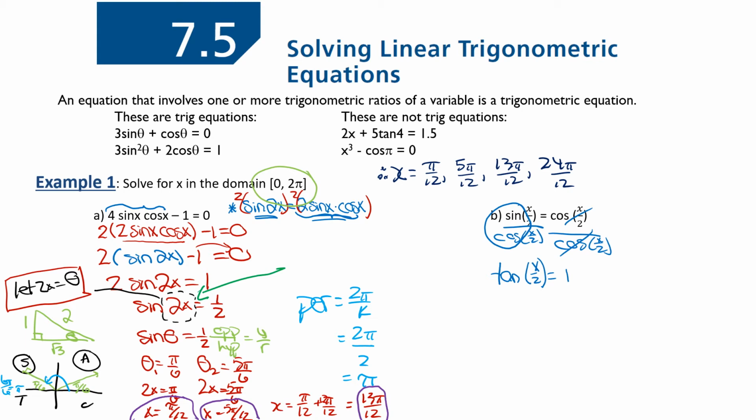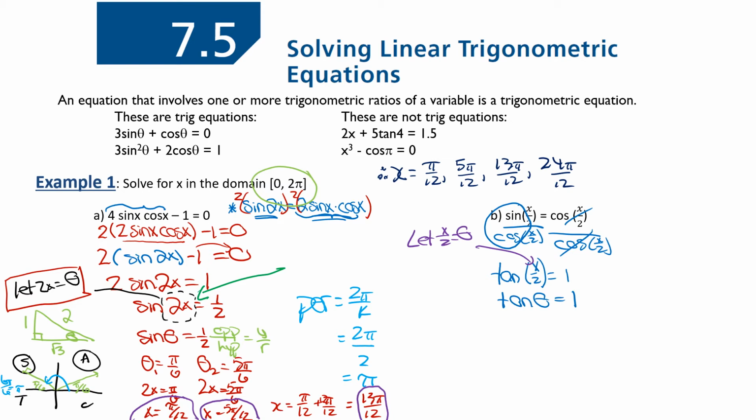We've got tan of x over 2 equals 1. If you don't like that x over 2, you can change it. You don't have to, but let's let x over 2 equal theta. We have tan of theta equals 1.